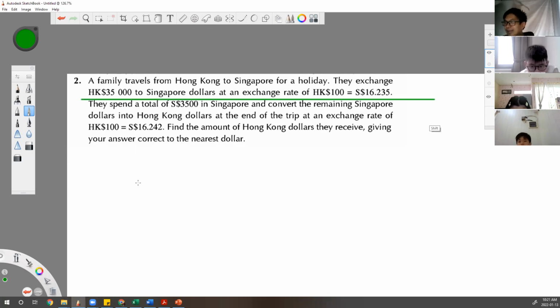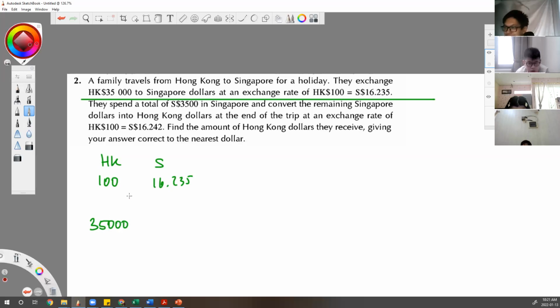So step 1 here. Let's write first: Hong Kong dollars and Singaporean dollars, 100 and 16.235. How much do they have? 35,000. Now, this has to be converted first, right? So the 35,000 Hong Kong dollars that the family has, how many Singaporean dollars will it be when converted? It's easy. Go straight to 350, don't turn it into one. That's tiring, this is easy: times 350. Okay, so 16.235 times 350.